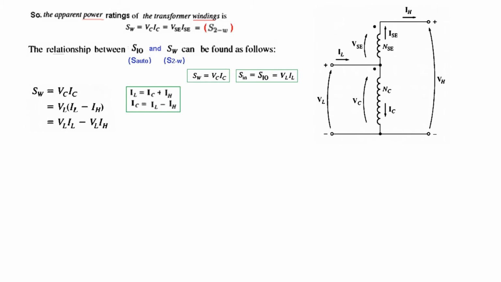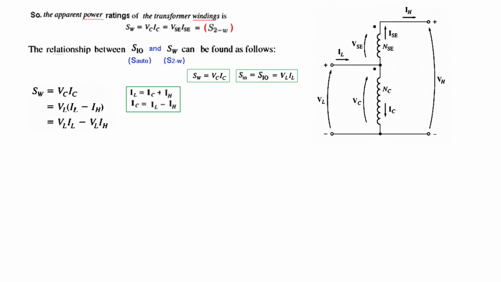Okay, now we'll take this one and relate it to the autotransformer formula VL IL. What we want is S_W, which is VC IC. We want to relate it with VL IL to get the relation between the autotransformer power and the two-winding power.